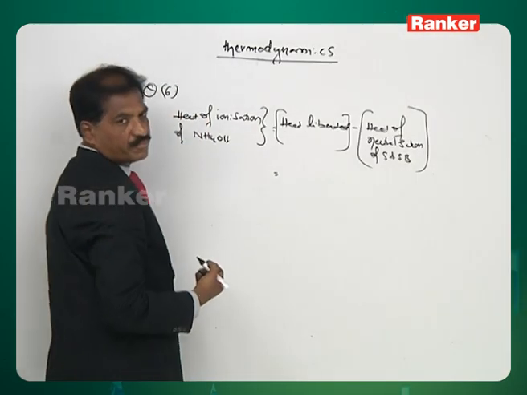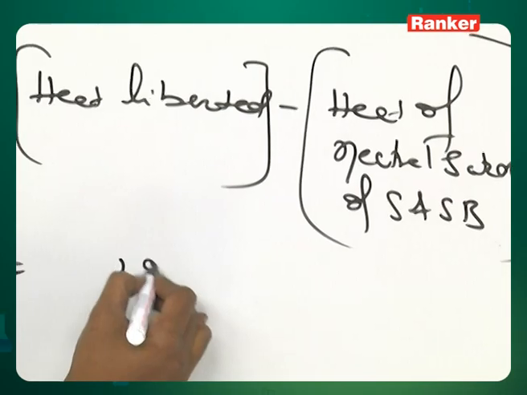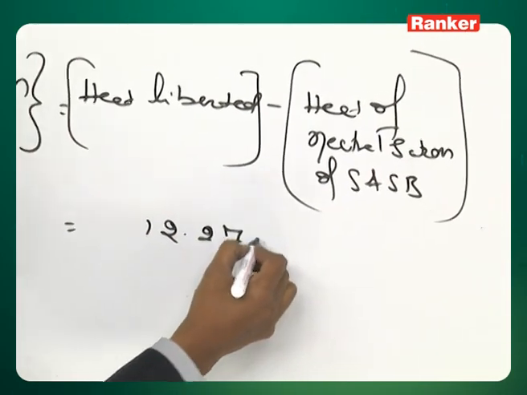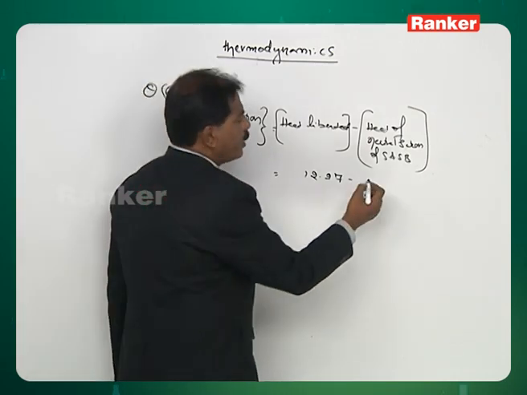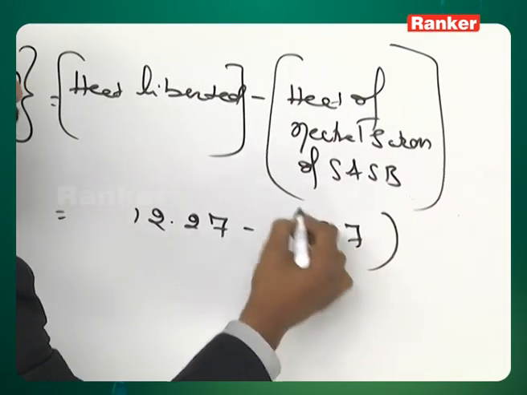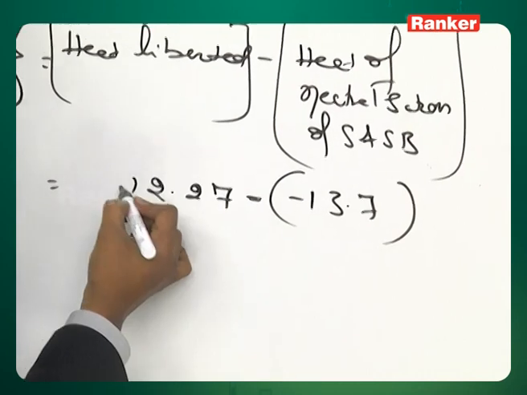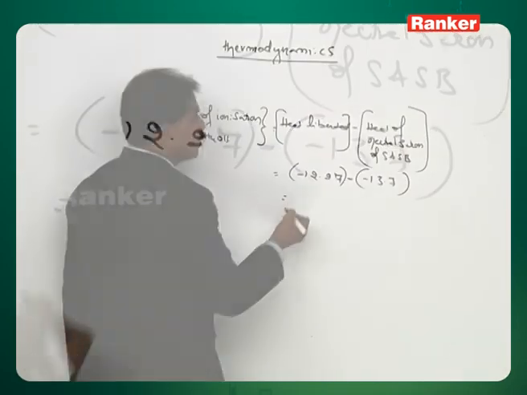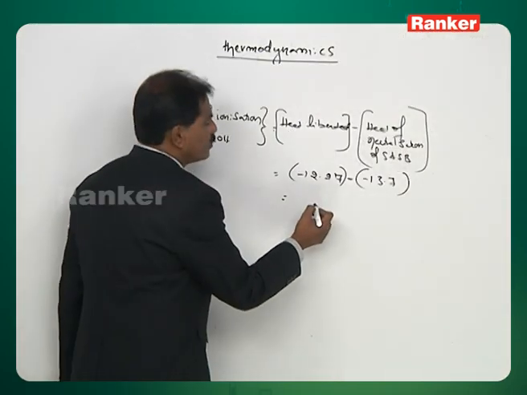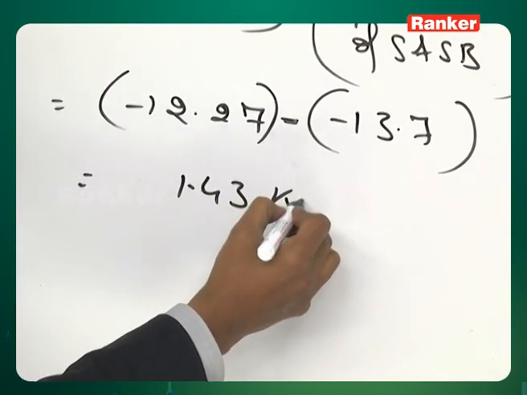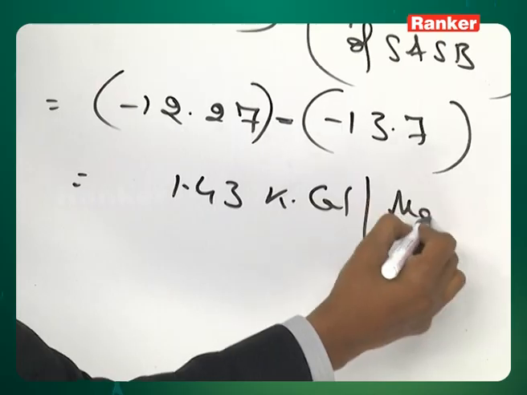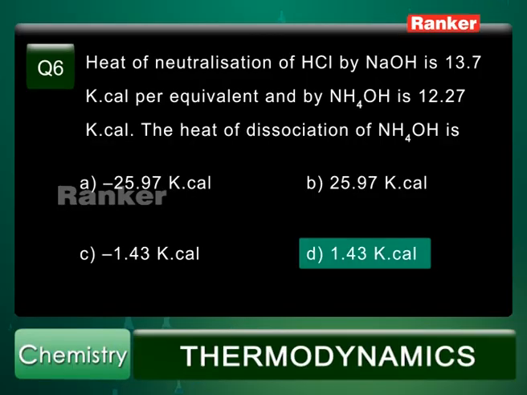Here heat liberated is 12.27 minus 13.7. Therefore, the heat of ionization is 1.43 kilocalories per mole. Therefore, the answer is D.